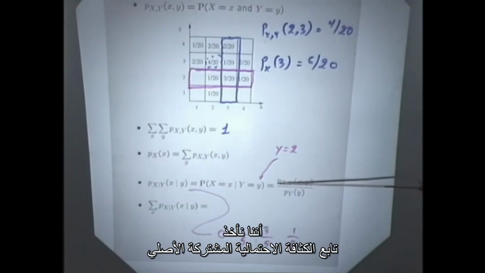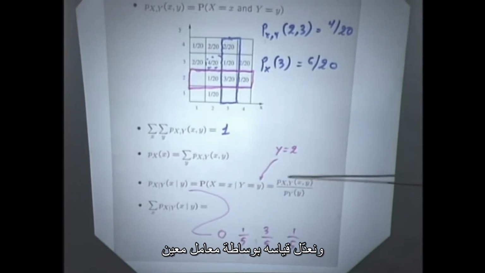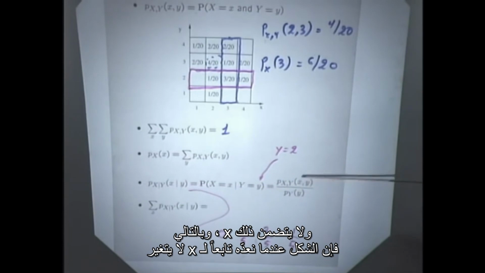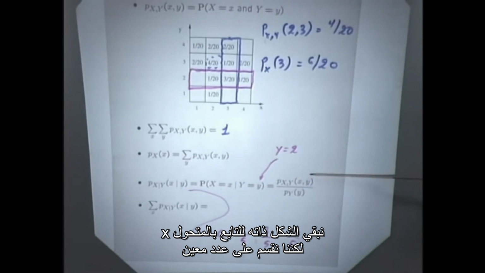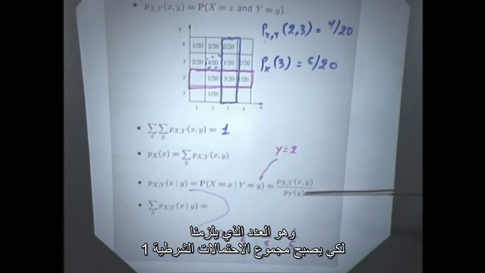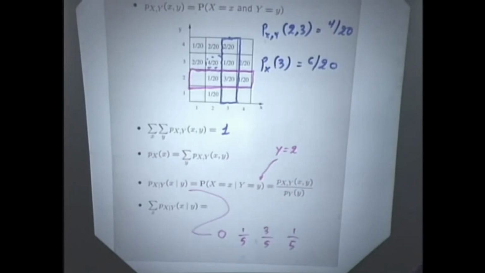Now, mathematically, what all this is doing is taking the original joint PMF and rescaling it by a certain factor. This does not involve x, so the shape as a function of x has not changed. We're keeping the same shape as a function of x, but we divide by a certain number, and that's the number that we need so that the conditional probabilities add up to 1.